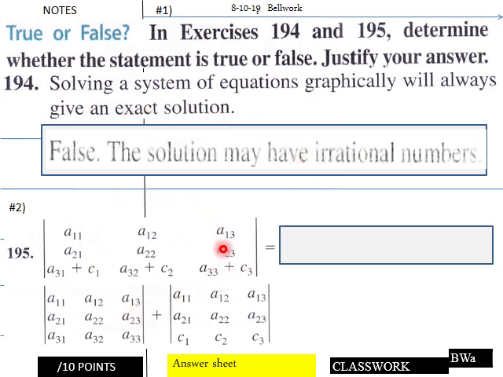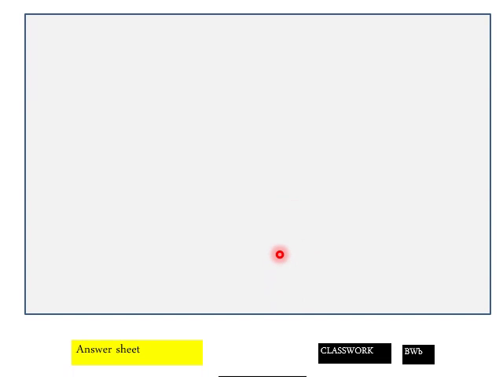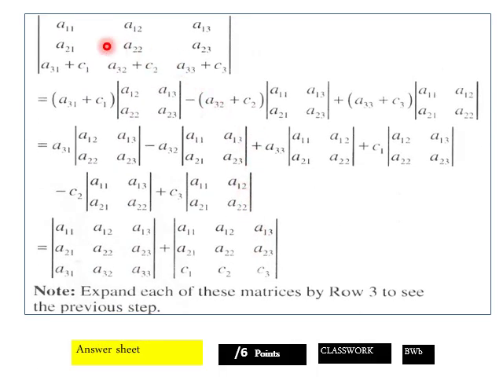And then for this here, is this true or false? Determine whether the statement is true or false. So the expansion by row 3 gives us this here, A31 plus C1.